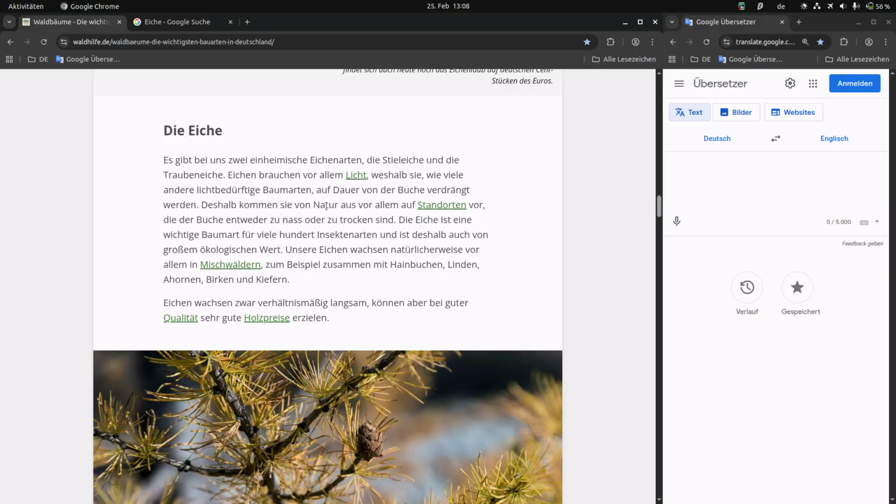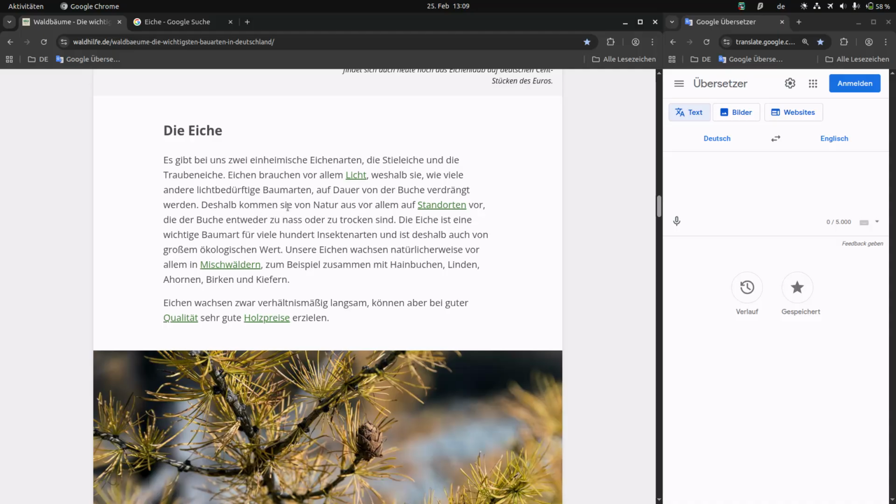"Deshalb kommen sie von Natur aus vor allem auf Standorten vor, die der Buche entweder zu nass oder zu trocken sind." Deshalb, here we have the opposite, or the other form of weshalb, which you're also going to see a lot, along with deswegen. Deshalb means this is why, or therefore.